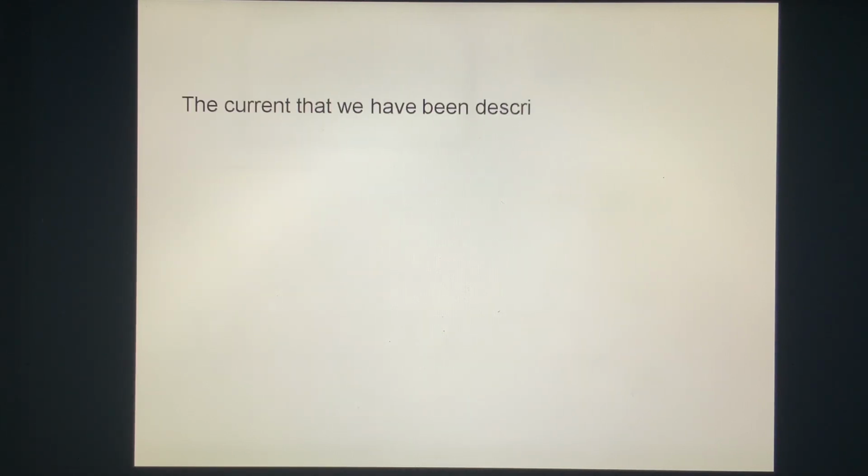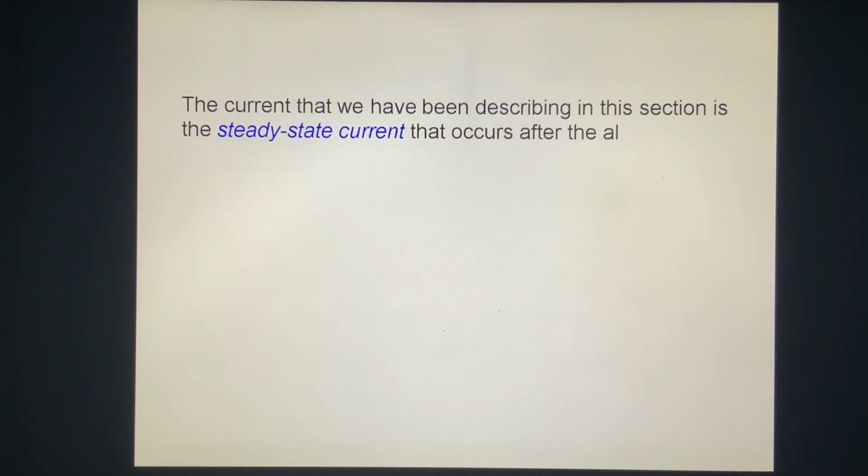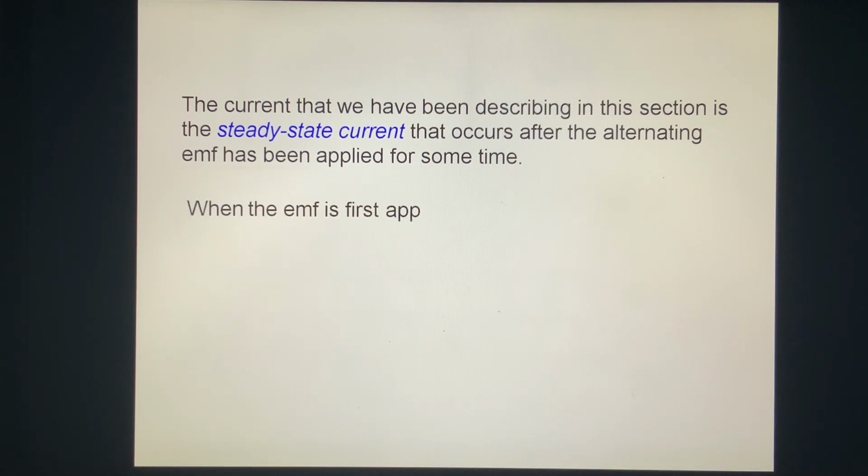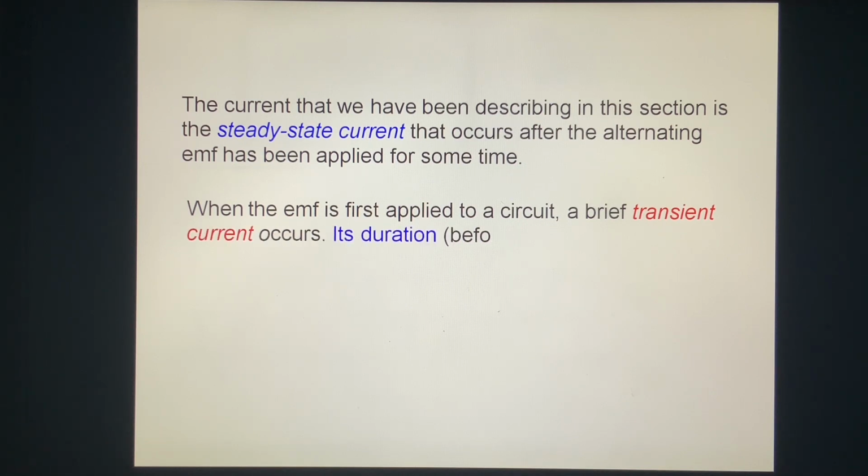The current that we have been describing in this section is a steady state current that occurs after the alternating electromotive force has been applied for some time. When the electromotive force is first applied to a circuit, a brief transient current occurs.